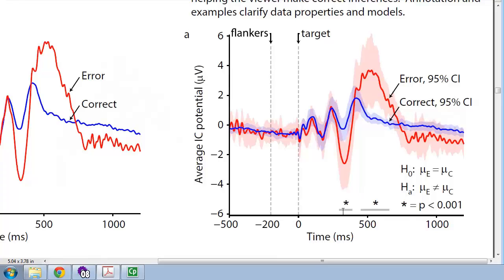So there's a moment about 400 milliseconds in that's different, where the error is much lower than the correct, and then right around 500 the error has a higher response than the correct.